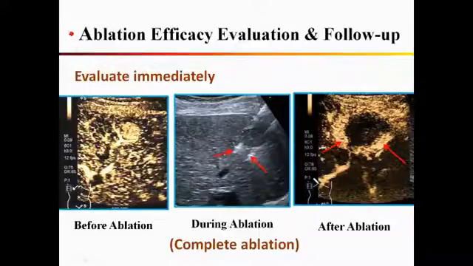By using contrast ultrasound, we can evaluate the ablation treatment immediately. This picture shows the enhancement in the liver before treatment, and the middle picture shows the 2 needles just punctured into the tumors, and then we have 12 minutes of ablation.